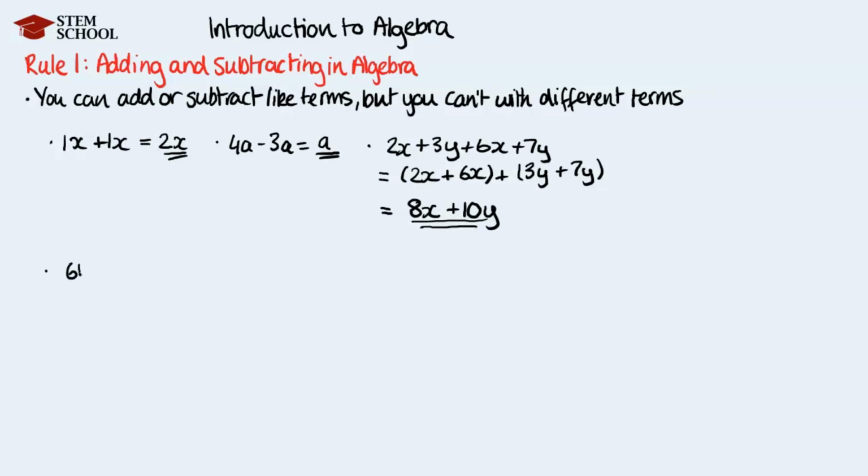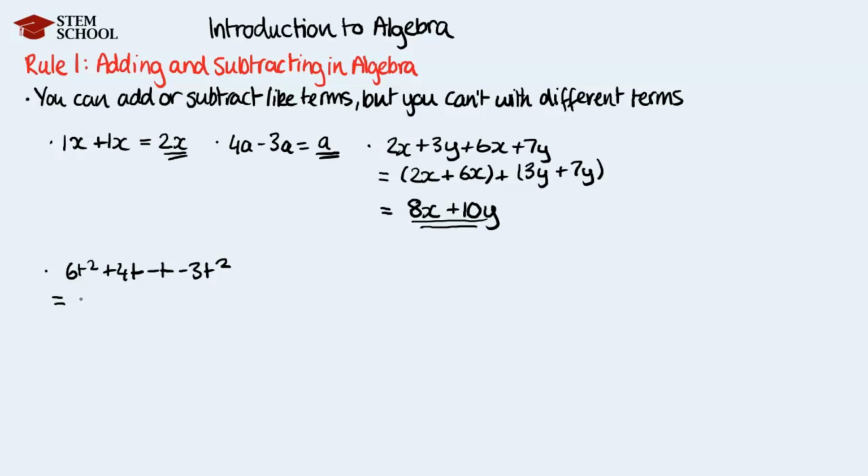We'll do 6t squared plus 4t minus t minus 3t squared. Here we've got different powers we're dealing with. We've got a single t to the power of 1, and then we've got a t to the power of 2. So we can only add or subtract the t's together and then the t squareds together.